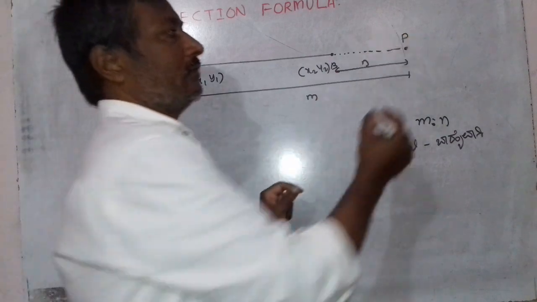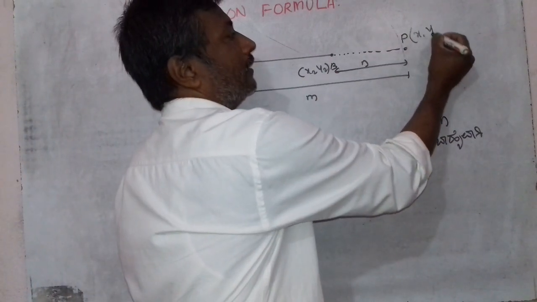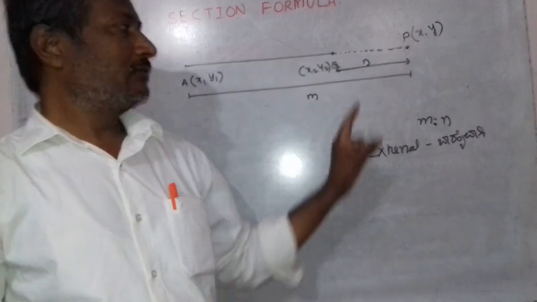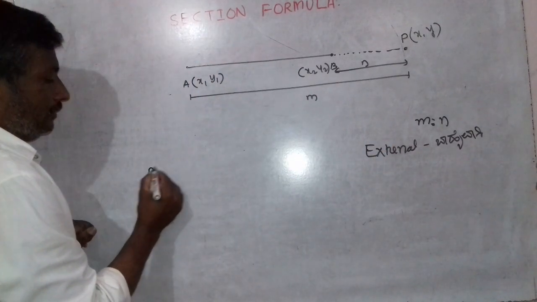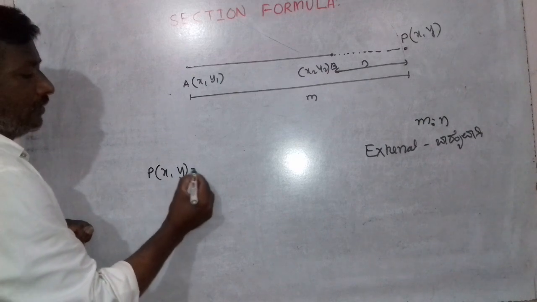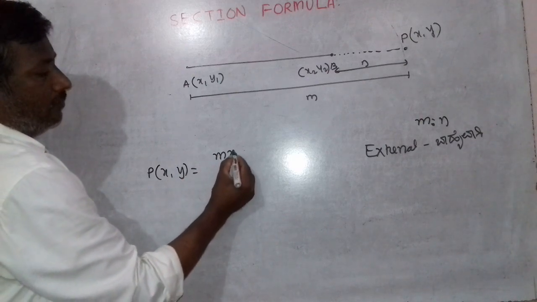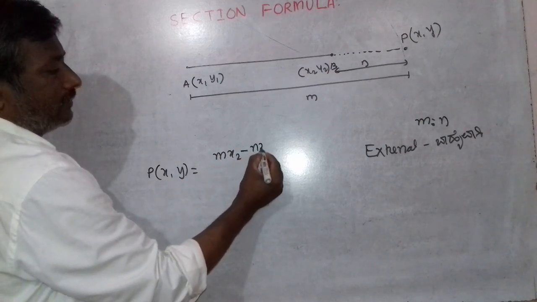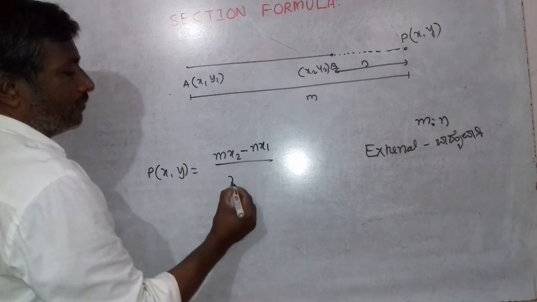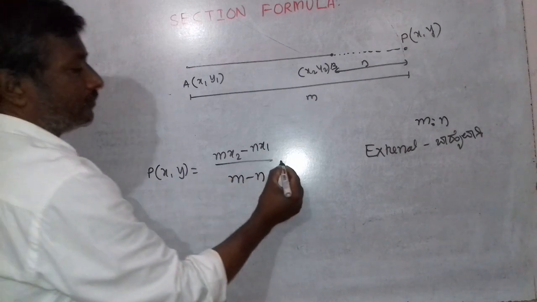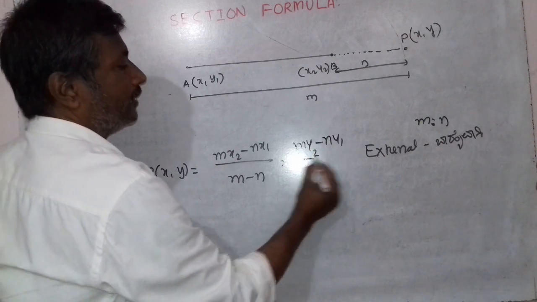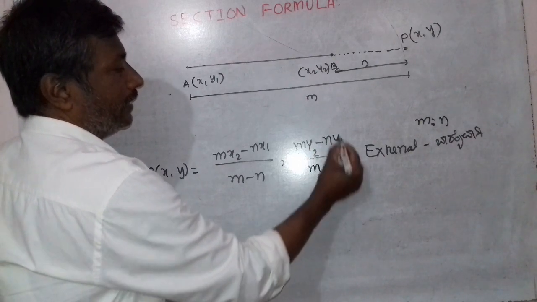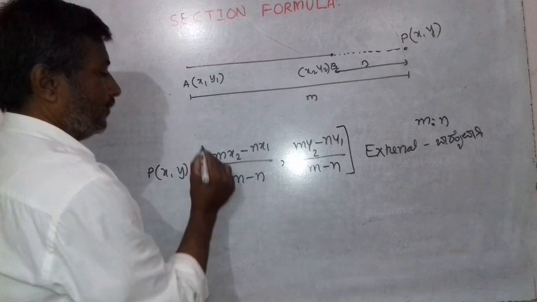Then the coordinates of the point P, that is (x, y), are given by ((m x2 - n x1) divided by (m - n), (m y2 - n y1) divided by (m - n)).